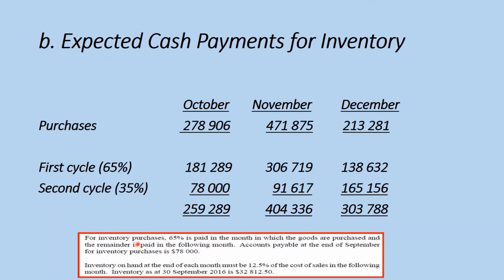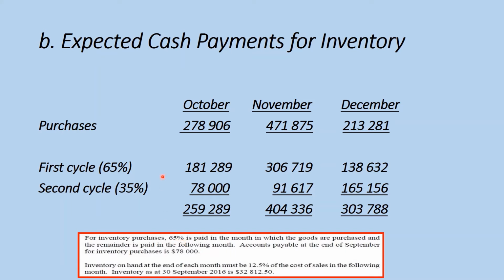So we have two cycles: a 65% cycle, where it is paid in the month in which the goods are purchased, and the remainder, the other 35%, would be paid the following month. The 35% and the 65% must equal 100%. This 78,000 is the 35% from September that has come to be paid in the second month, which is October.